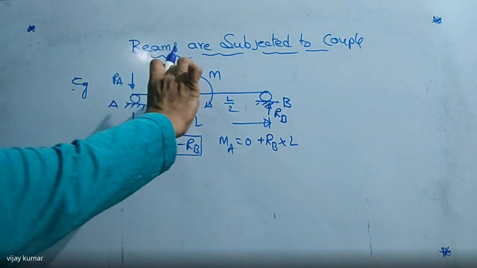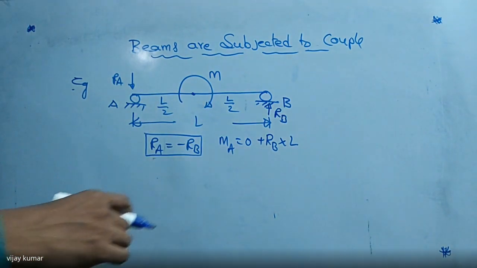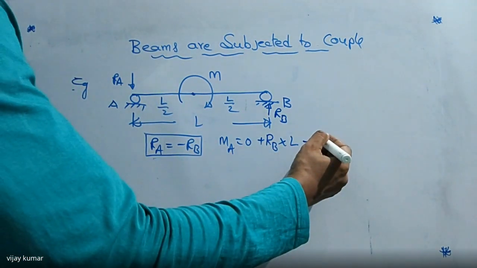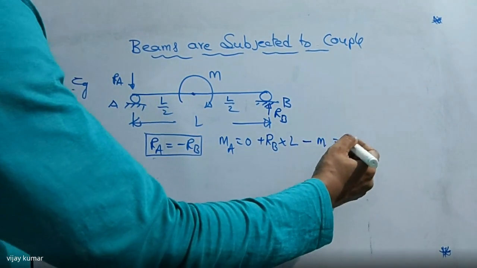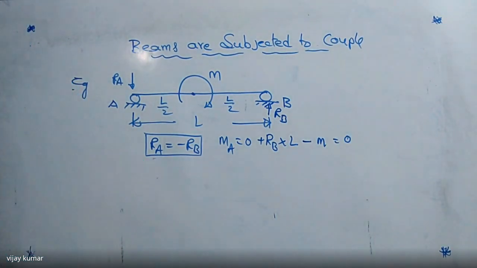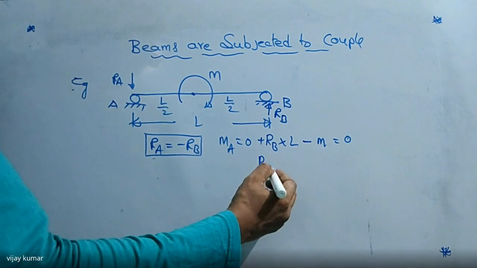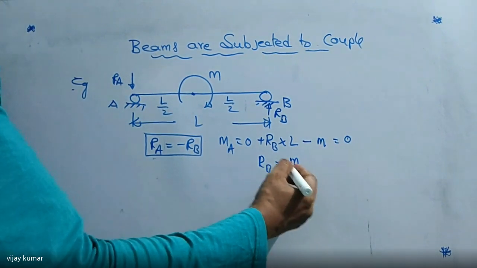Then here, what is the couple? The couple is clockwise, clockwise is nothing but negative, so RB into L minus M is equal to 0. Then RB is equal to M by L. This is positive.